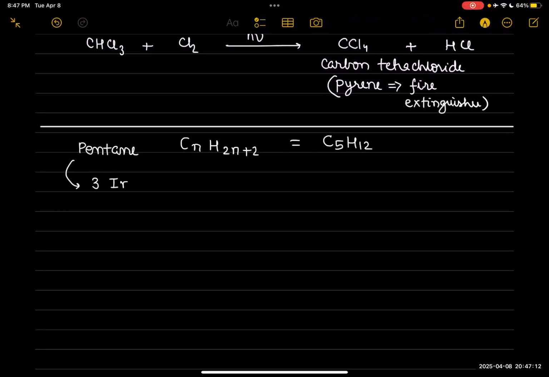What do you mean by isomers? First thing you need to say is that they have the same formula but different structures, because there are 5 carbon atoms, so you can connect them in different ways.